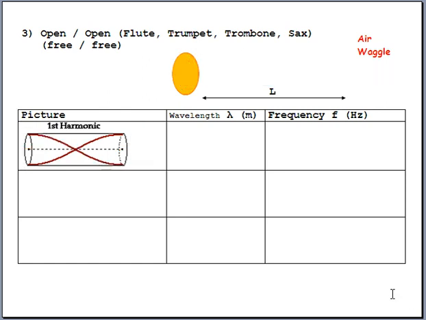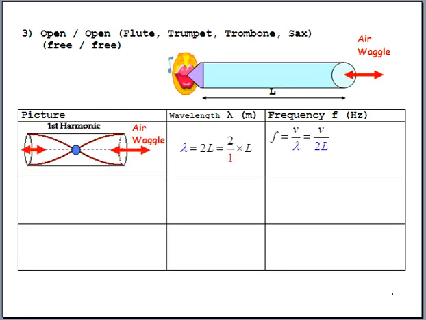So the deal here is that the wavelength of the actual standing wave would be 2 times the length of the instrument long. And a neat way to remember it is going to be 2 over 1 times L. Now, trying to find the frequency of the note, we're just going to use the wave equation, V is equal to lambda F, and then solving for F, I get V over lambda, the same thing as with the clarinet.